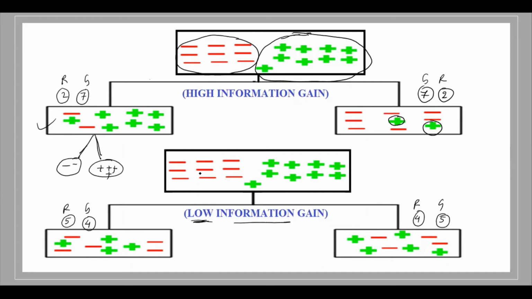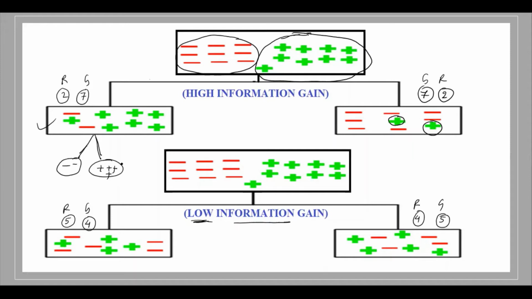When you go from one level to the other level, you have to check whether you are gaining more information or not. Low information gain means, when you go from one level to the other level, if you have high information gain, it's better for you. Remember, please concentrate, it's very important. We'll see how it will happen. If you go from one level to the other level, make sure your information gain is higher.